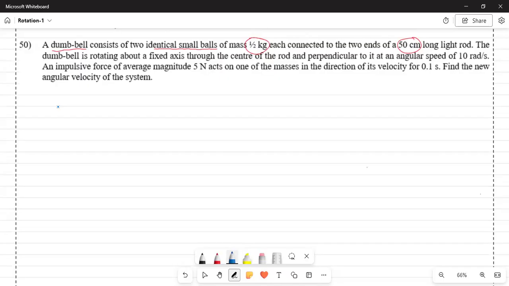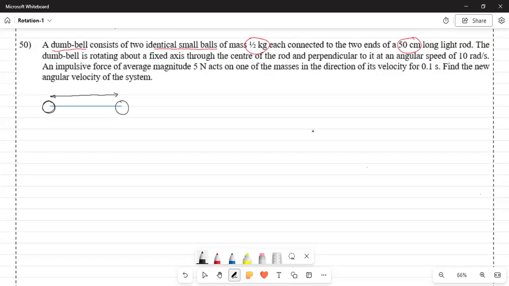So a dumbbell is, we know, this is a light rod. We know what is a dumbbell. And in a dumbbell, normally the two masses are identical. This dumbbell is 50 centimeter long, that means 0.5 meter.